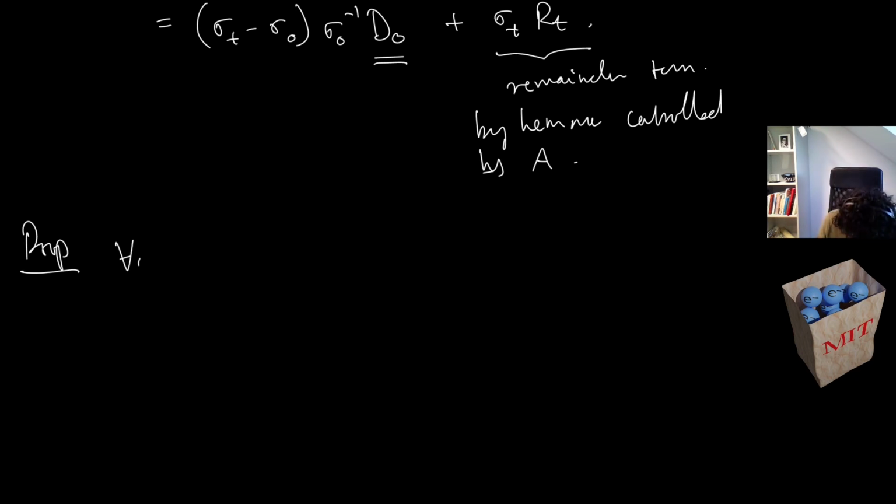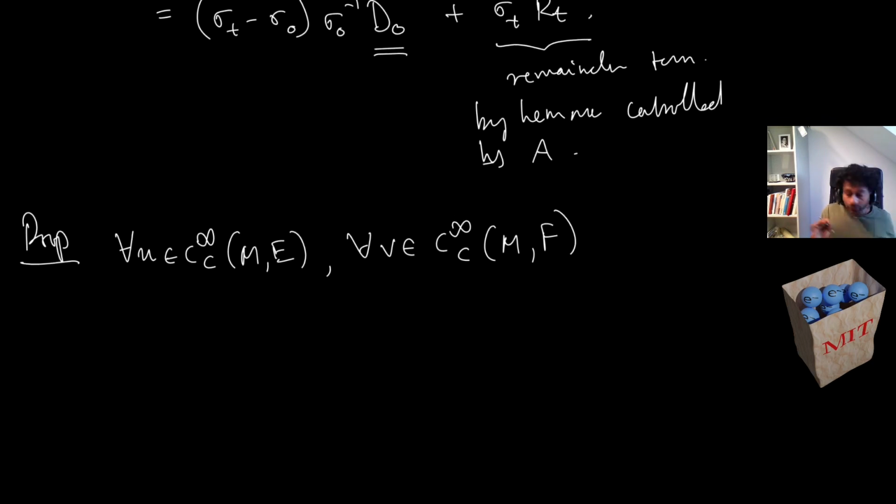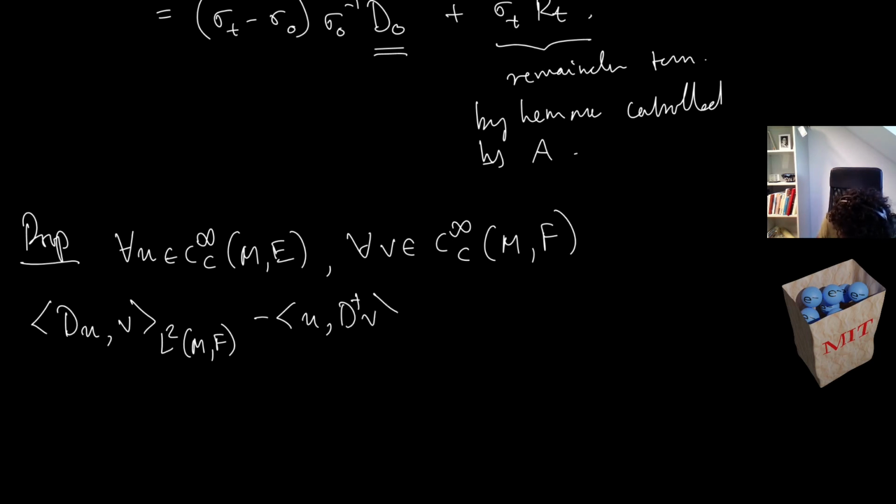So let's instead now look at sections that don't disappear at the boundary and try and understand what they look like. So with respect to this symbol sigma naught, what we end up with is the following: the L2 inner product of Du and v minus u and Dv. So this proposition can be verified by just doing a local calculation, right?